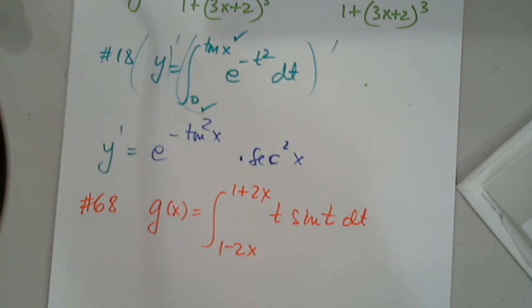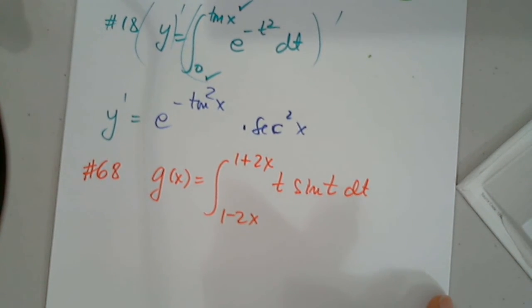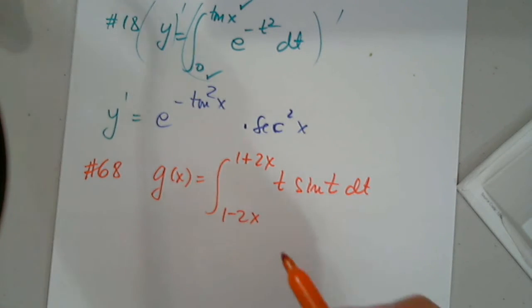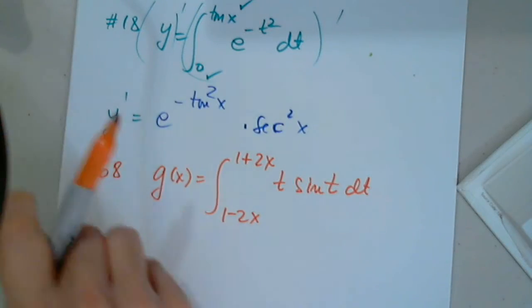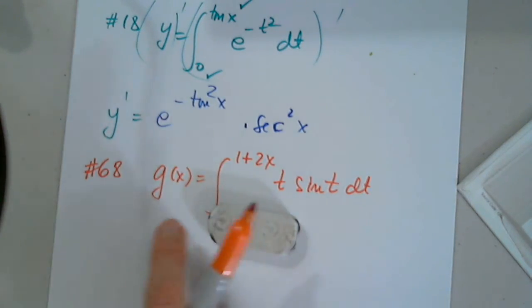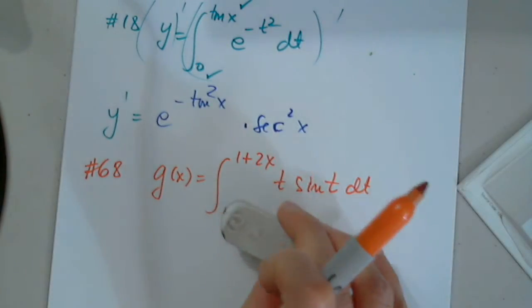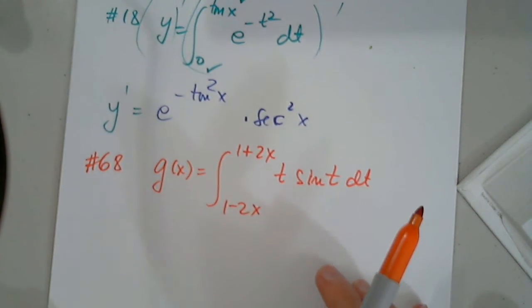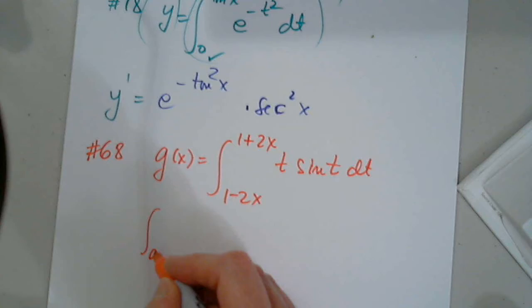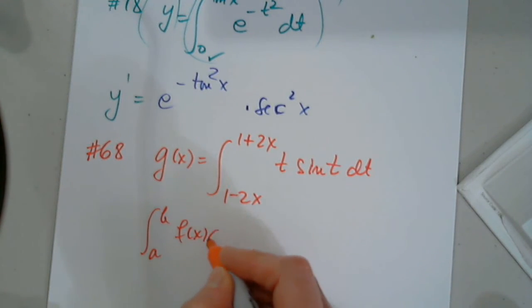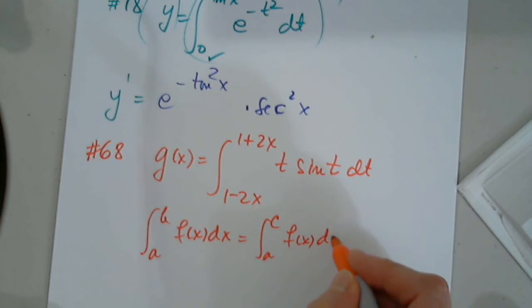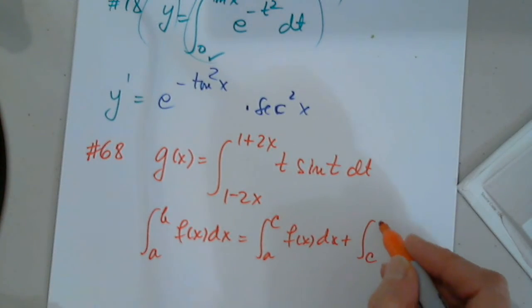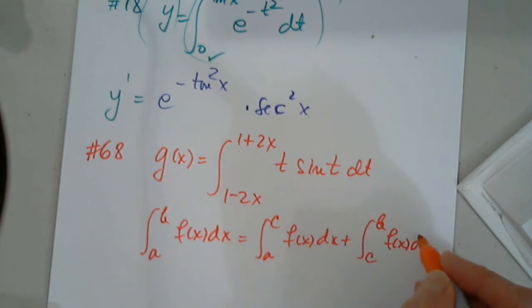Okay. This is not ready. It doesn't have a constant here. If it doesn't have a constant here, I cannot immediately differentiate. I have a problem now. But I know a property of the definite integral that says the integral from a to b of f of x dx is the integral from a to c of f of x dx plus the integral from c to b of f of x dx.